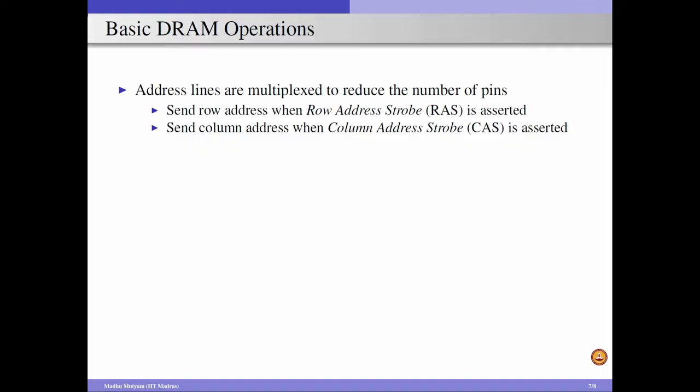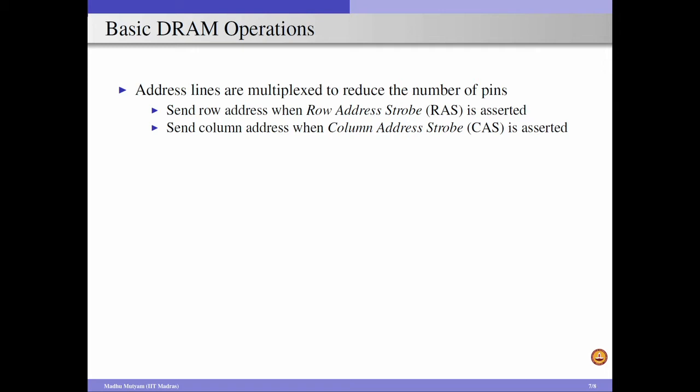Having discussed this example, now we want to concentrate on the basic DRAM operations. Remember that the DIMM is connected to the DIMM socket on the motherboard, and the DIMM has a limited pin bandwidth. That's the reason why we apply address multiplexing.